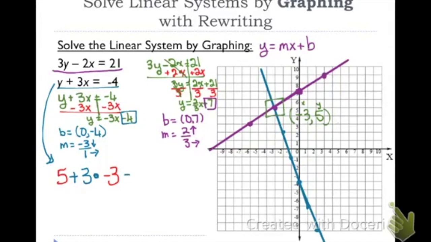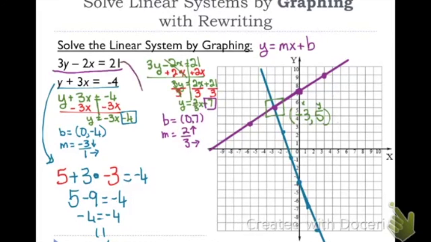And that should equal negative 4. So let's put it in our calculators and see. This is 5 minus 9, sorry, because negative 3 times 3 is negative 9. Sorry about my clock going off there. And as you can see, I worked that out and got that negative 4 equals negative 4.